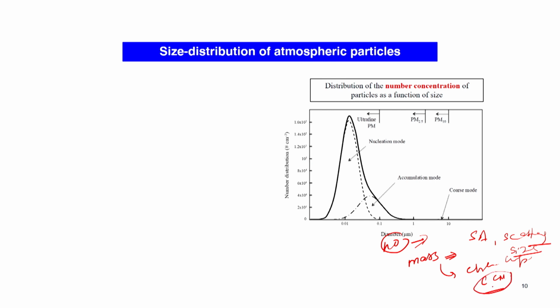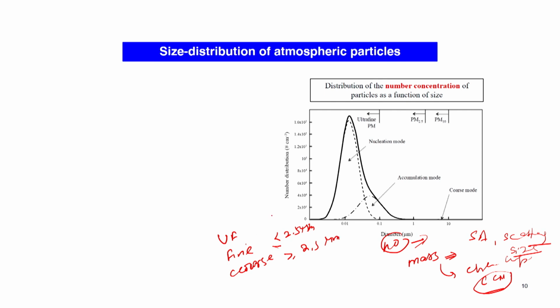If you see here, generally these particles are classified into three. I have already discussed this: ultra fine, then fine, and then coarse. Ultra fine is generally considered less than 2.5 micrometer, and more than 2.5 micrometer is considered coarse.